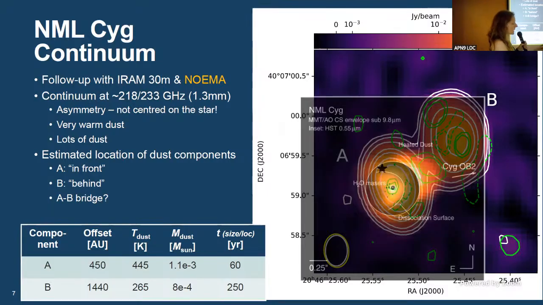So we have to figure out what the morphology is there, and hopefully the molecular emission will help us with that. The match with the mid-infrared data can be made if you move their assumed stellar position, the peak of their mid-infrared emission, to the peak of our continuum component. And so I believe that they were actually not looking at the star, but at the hot dust.